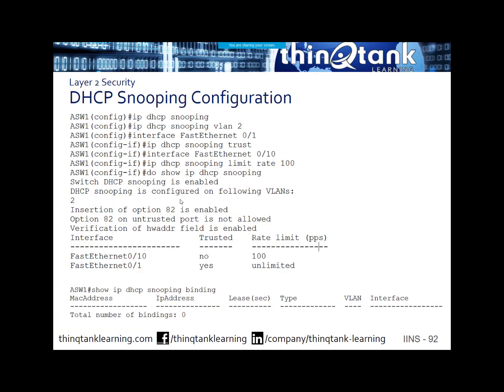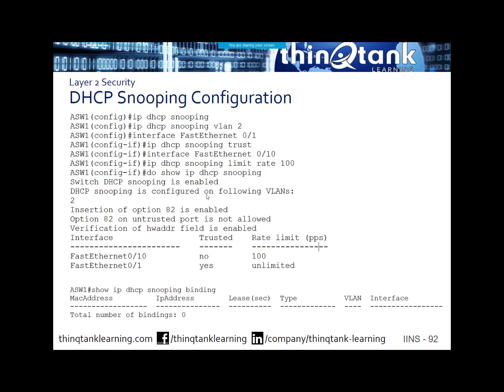Now, what happens if I run into a situation where I don't have a port that's even running DHCP? Do I concern myself with whether I trust or untrust that port? I really don't care, do I?